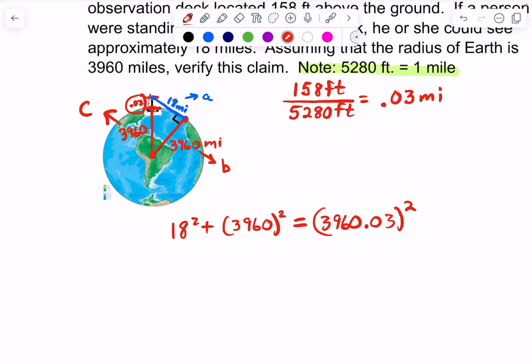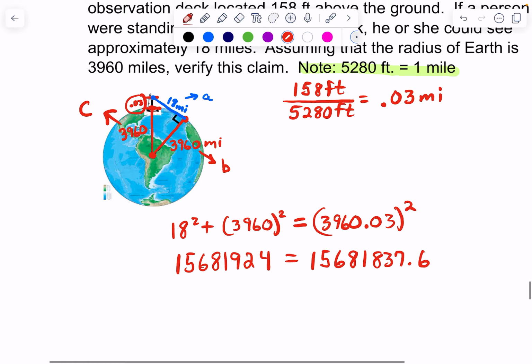That's going to give me 15,681,924 miles. Does that equal, let's go ahead and plug in our calculator, 3,960.03 squared? Well, that gives me 15,681,837.6 miles. That's pretty close.